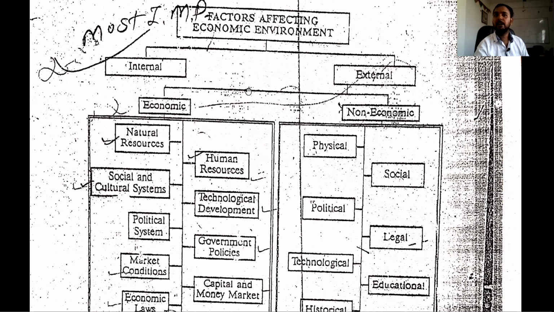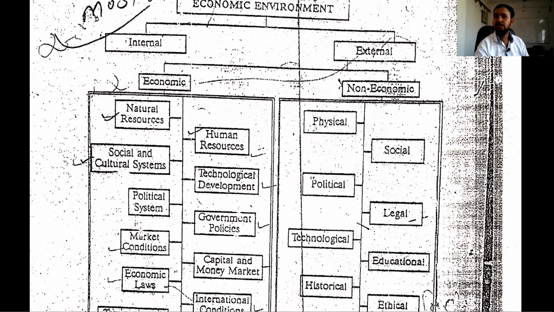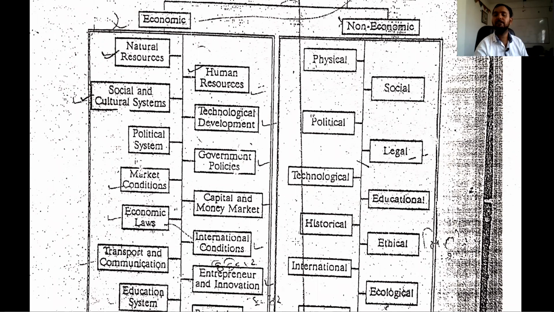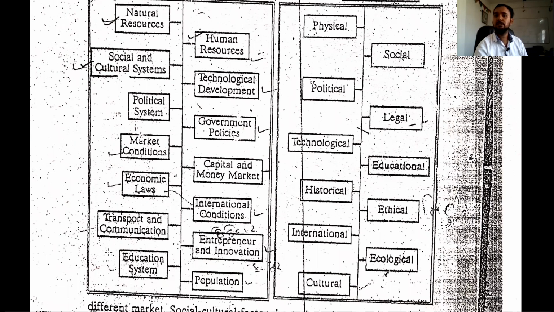In the economic factors, we have seen natural resources, human resources, social and cultural systems, and below this in the chart we have technological development, political system, government policies, market conditions, capital and money market, economic laws, international conditions if a company is doing business abroad, transport and communications, entrepreneurs and innovations, education system, and population.